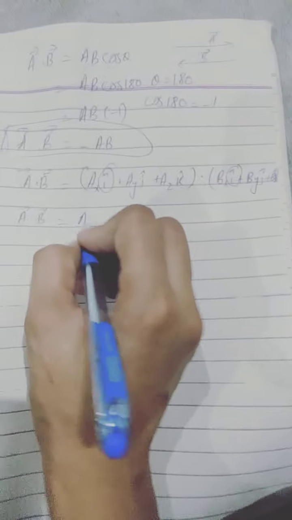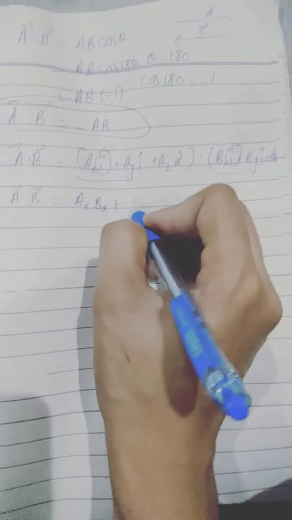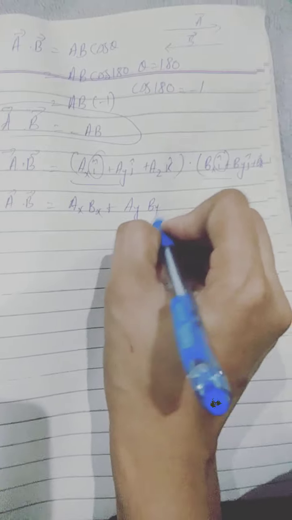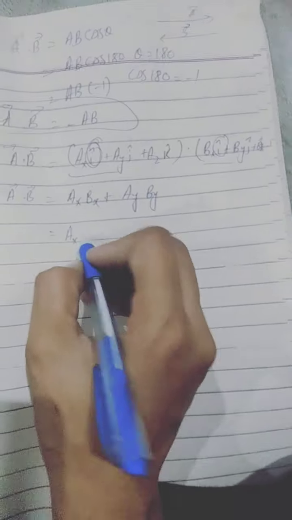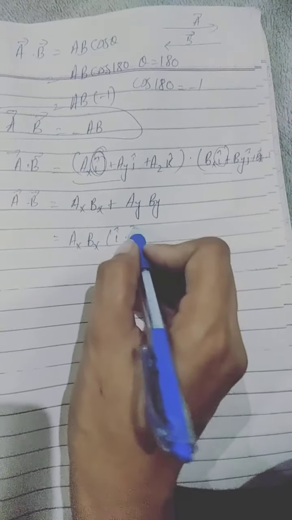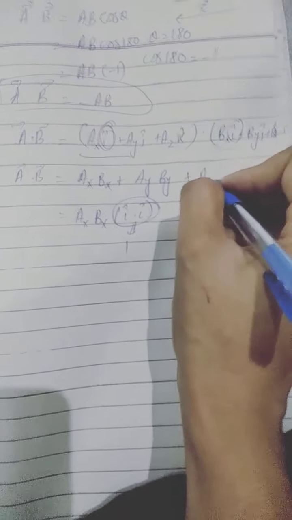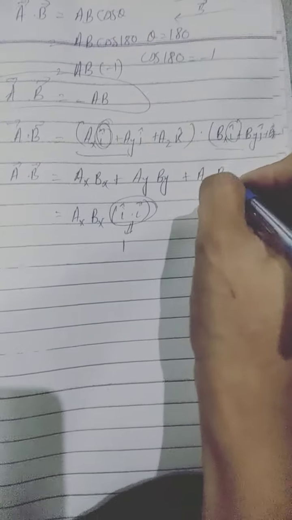So we get ax bx plus ay by plus az bz. Why do we write this? Because this gives us ax bx I cap dot I cap. You know that I cap dot I cap is equal to 1, j cap dot j cap is equal to 1, and k cap dot k cap is equal to 1.